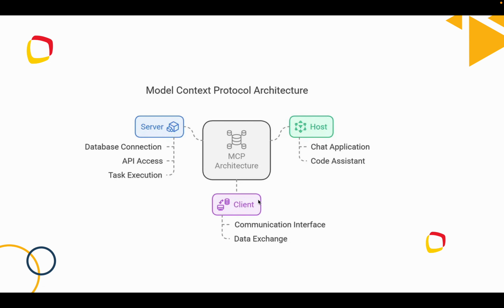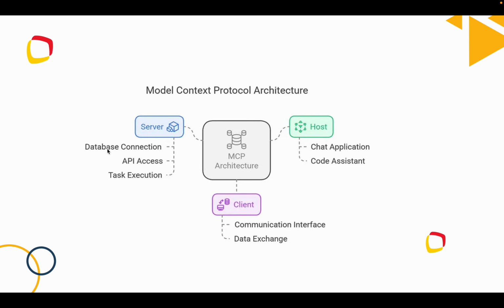The host is something like a chat application or a code assistant, or it can be the Anthropic desktop. The client is a communication interface for the data exchange between the server and the host. The server is actually the tool part.